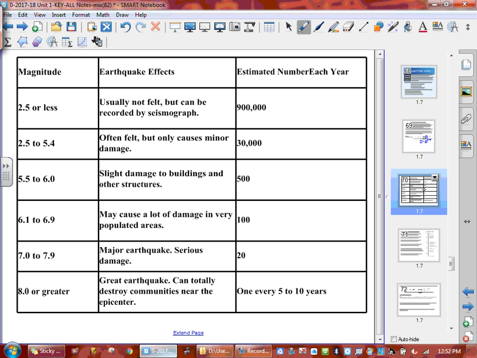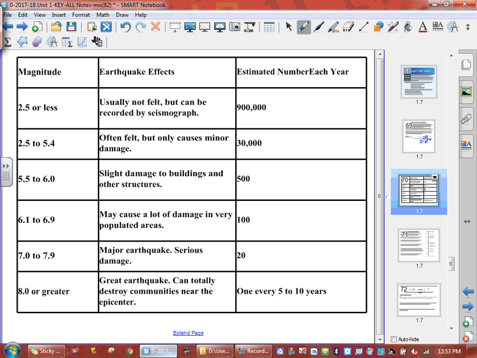Now, the Ring of Fire, does everybody know what the Ring of Fire is? It's where you basically find all of the volcanoes and the plate tectonics on the globe, the fault lines. So all the fault lines and most of the volcanoes are around the Ring of Fire.